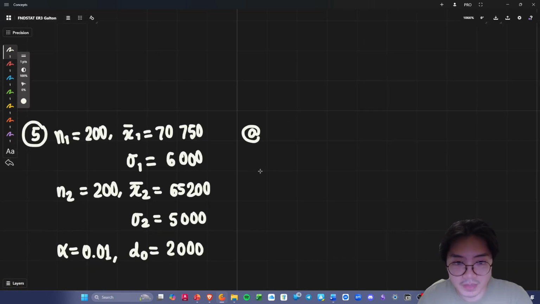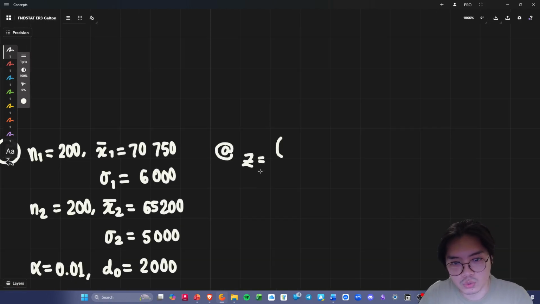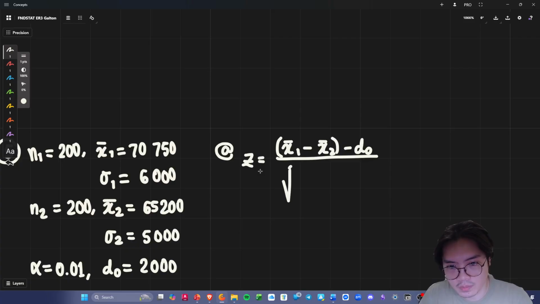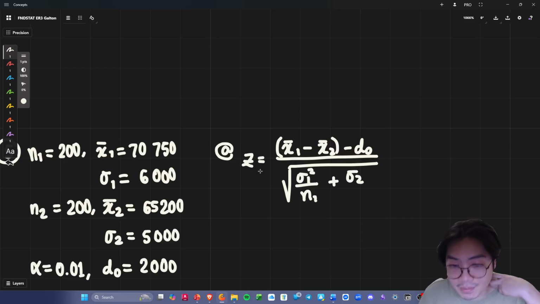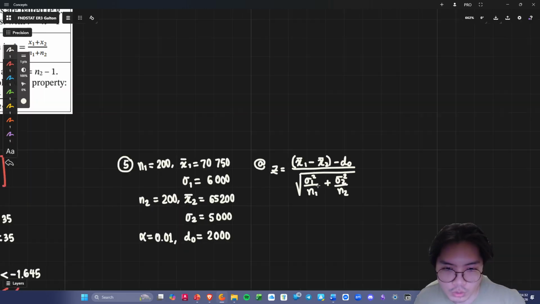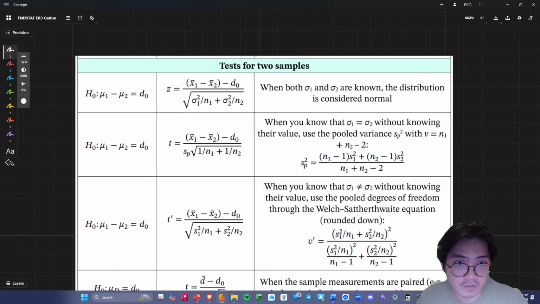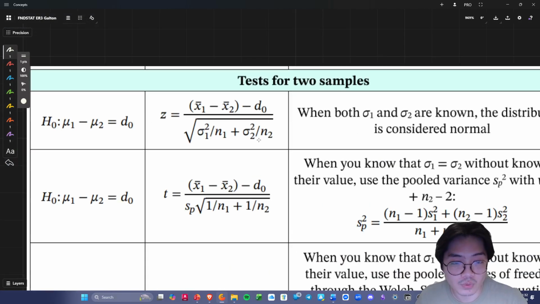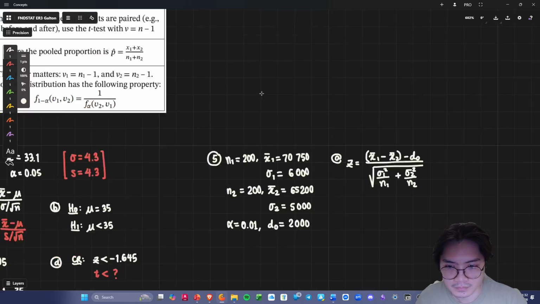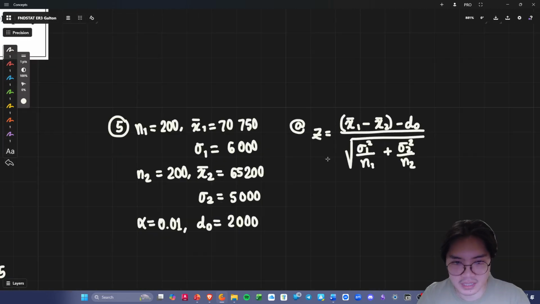The Z-test right here will be x-bar 1 minus x-bar 2 minus your difference, all over the square root of sigma 1 squared over n1 plus sigma 2 squared over n2. So that's your test statistic.